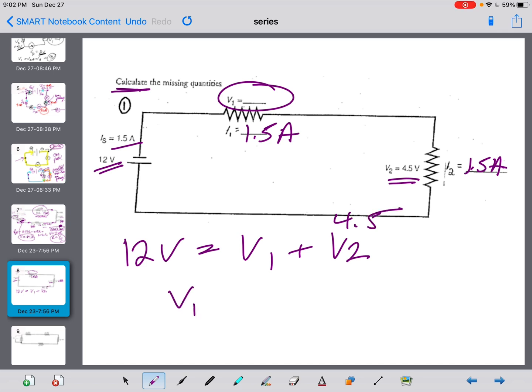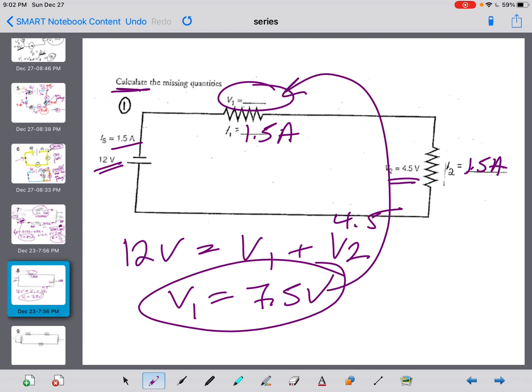So to solve for V1, you should have realized that you have to basically figure out the difference. So 12 minus 4.5 is 7.5 volts for V1. Because 7.5 plus 4.5 gives us 12 volts.